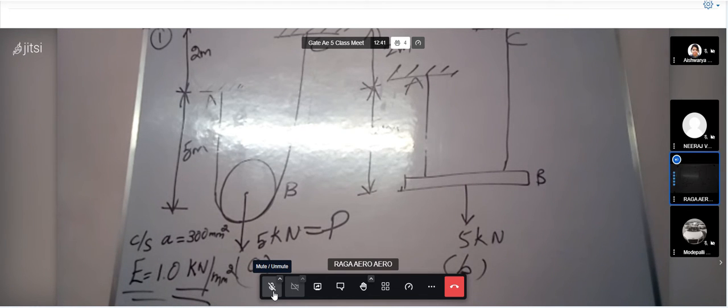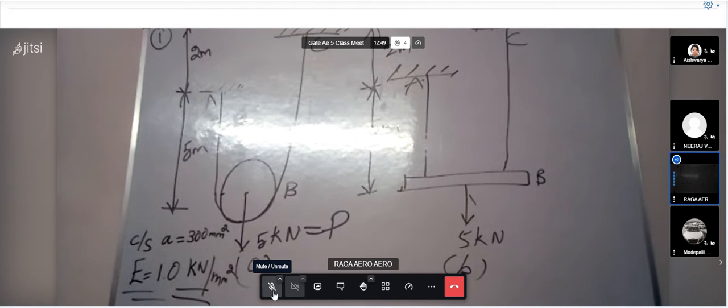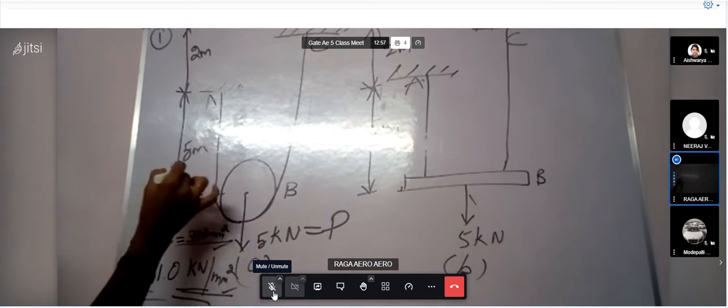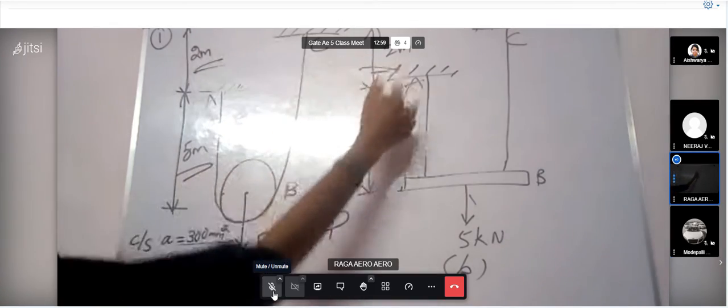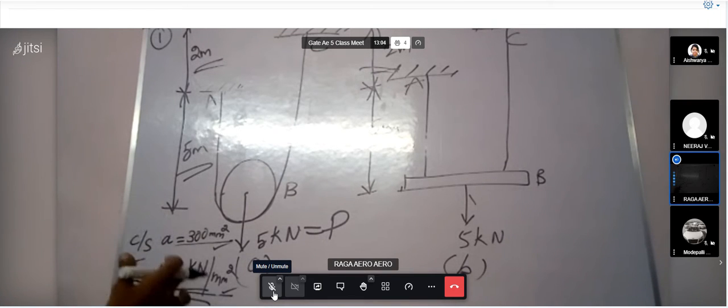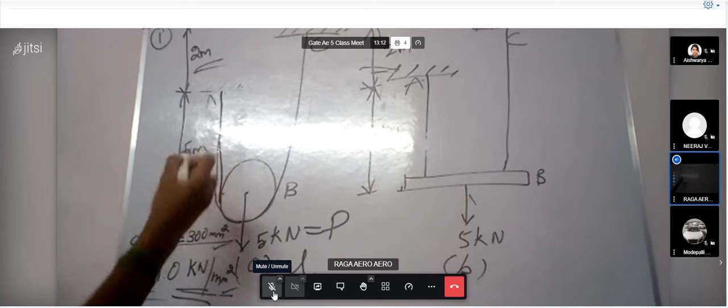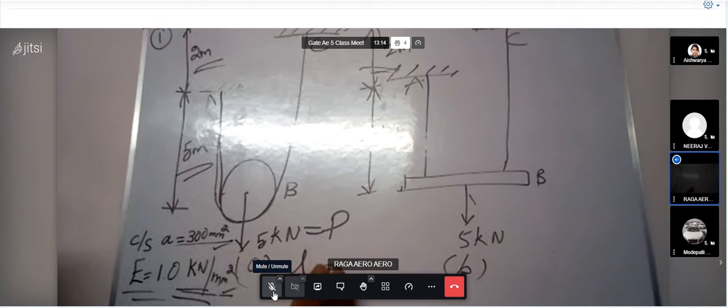Next, the length of AB rope, from here to here, is 5 meter. For area as well as Young's modulus they are given in mm, so you need to convert these meter values into mm, or otherwise convert mm to meter. Whichever way is possible. So P is given, L1, the length of the first rope, is 5 meter.